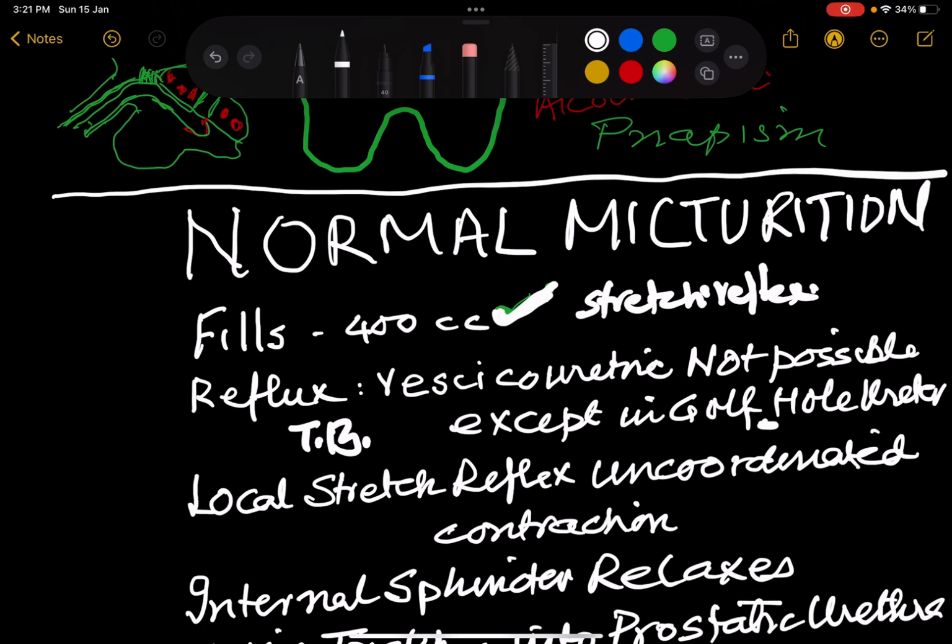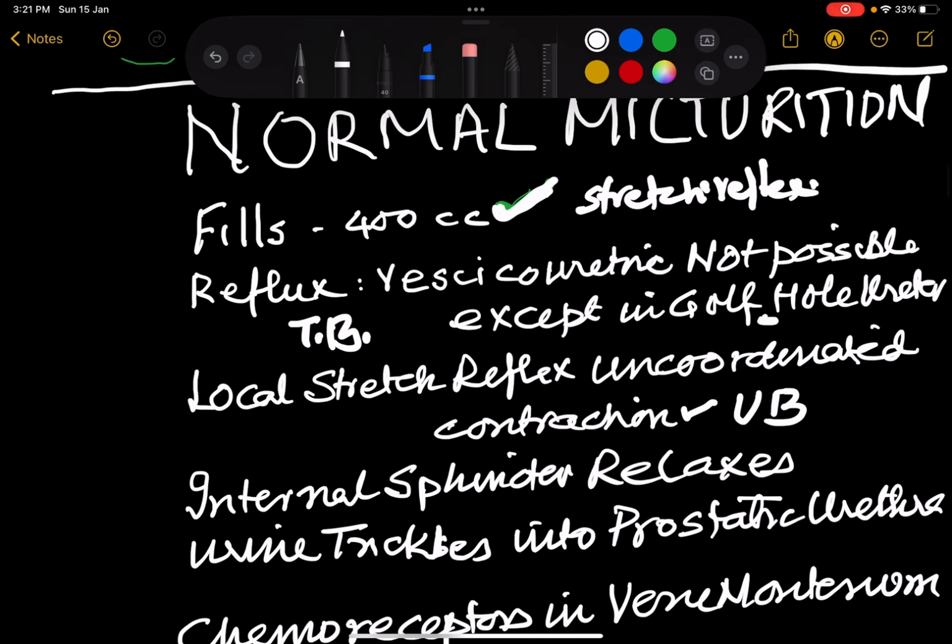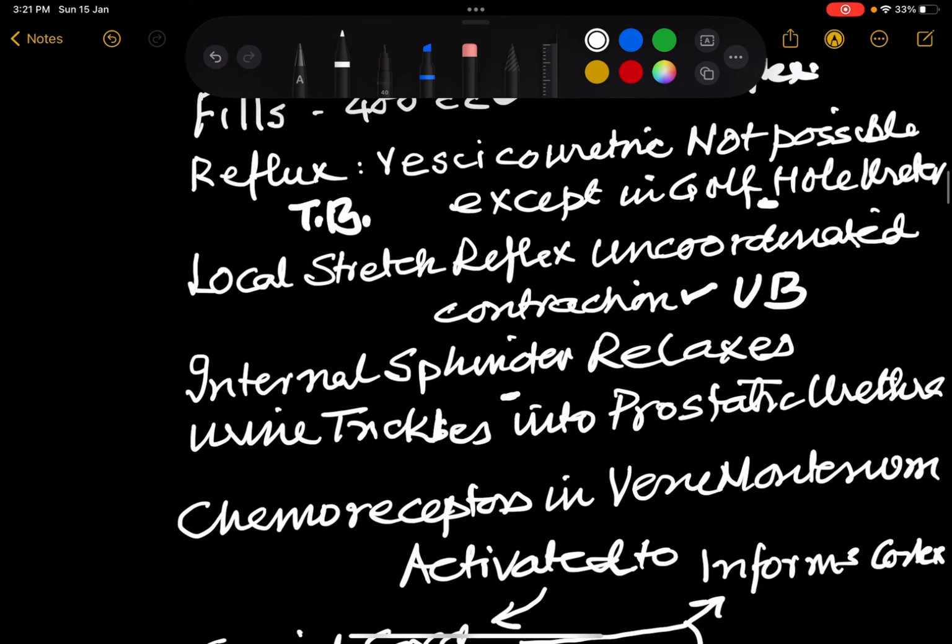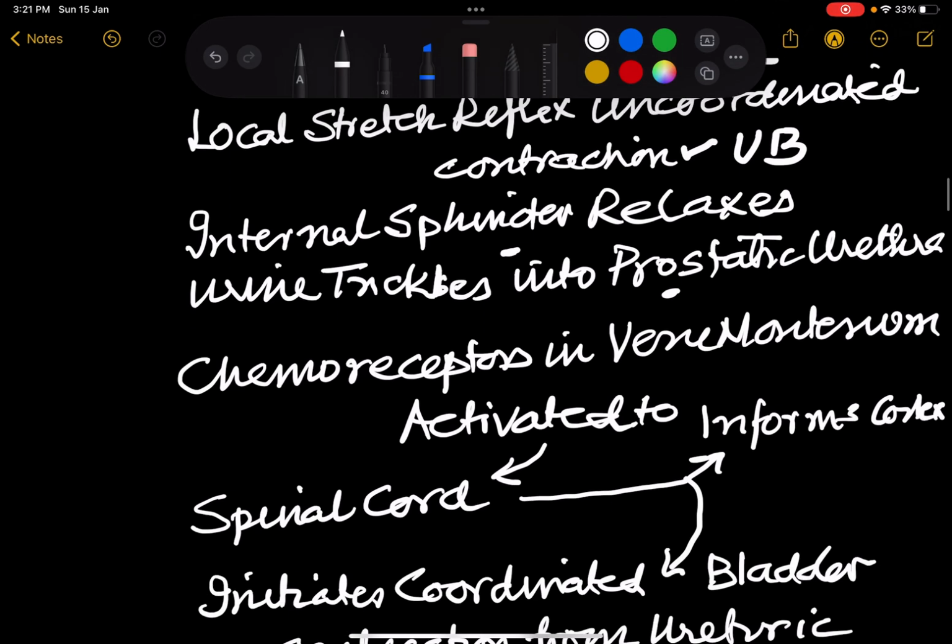Because of the local stretch reflex, there are uncoordinated contractions of the urinary bladder. The second effect is that the internal sphincter is relaxed, and therefore the urine trickles into the prostatic urethra. The chemoreceptors in the verumontanum are activated. Impulse goes to the spinal cord.